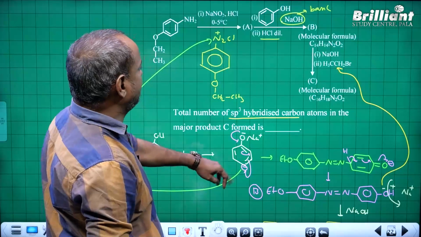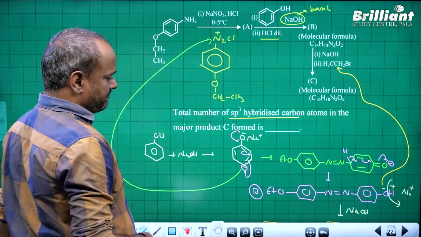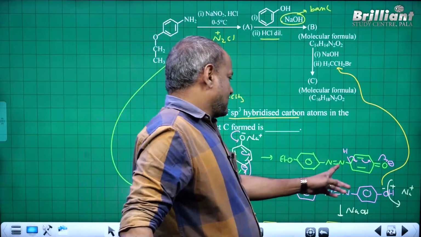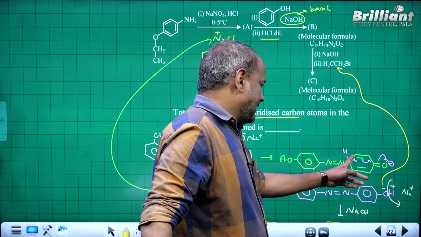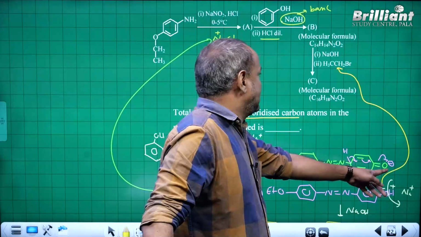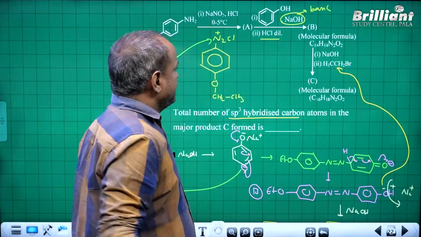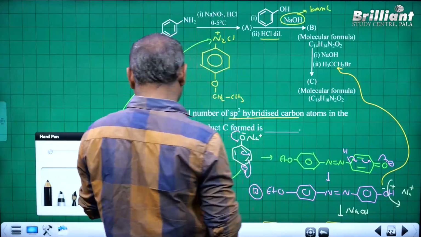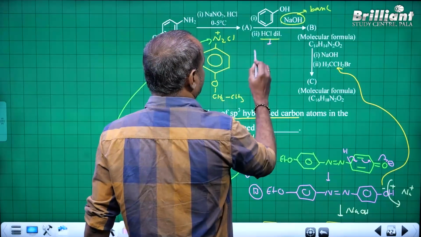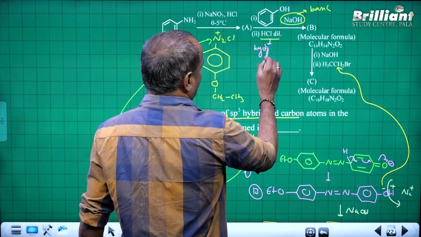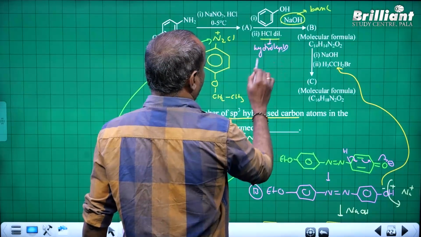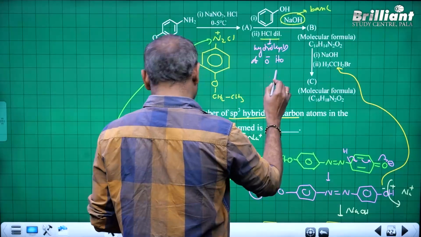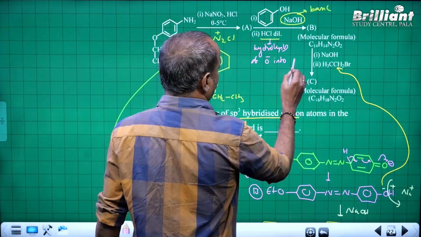That will be coupled with diazonium salt to form the azo compound. Next one, here H undergoes rearrangement into aromatic O minus. That O minus undergoes hydrolysis with dilute HCl. So, the purpose of the acid is hydrolysis of O minus into OH.